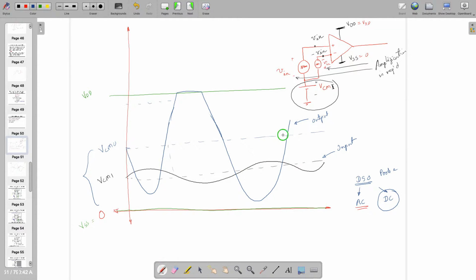The major problem is because of the DC term. But in the ideal condition, I don't want that to get shifted, which is actually the common mode gain over here. I don't want any difference between input common mode and output common mode. So it has to be as low as 0, or VCMI equal to VCMO. Then things will be fine. And if this is equal to VDD by 2, I'll be happy.